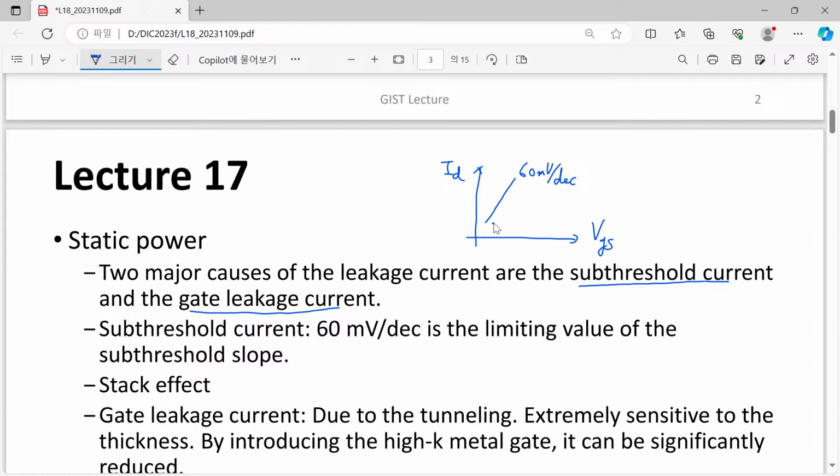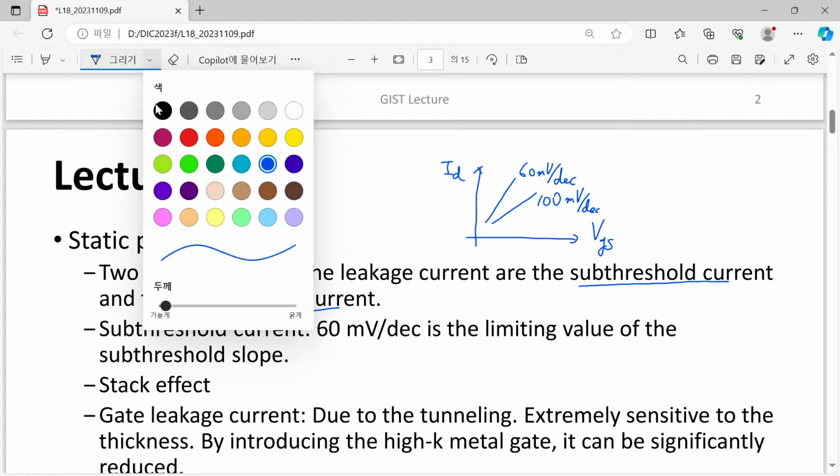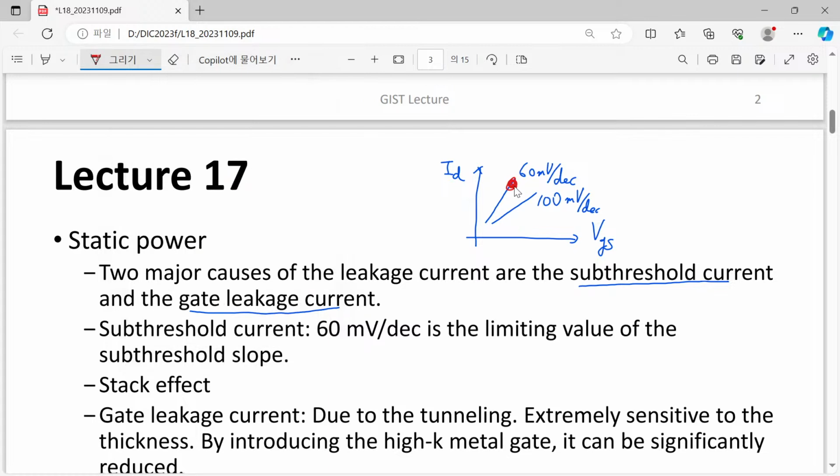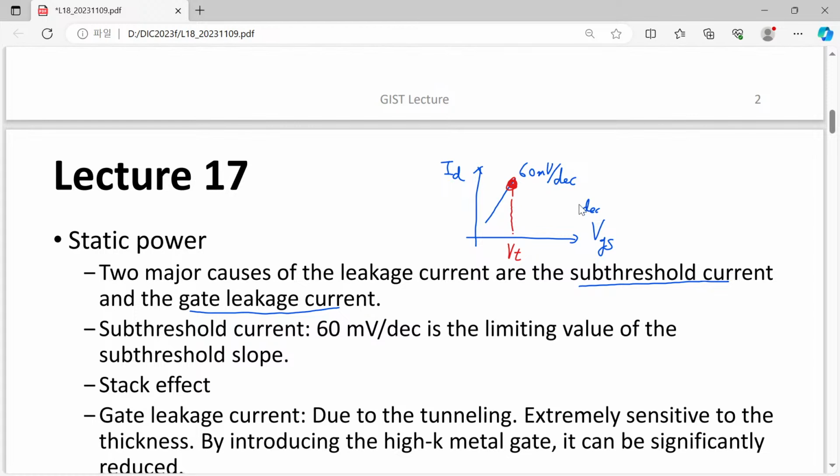And let's say that we have a much worse one, like 100 millivolt per decade. Suppose we have the same level of threshold voltage for the two transistors.